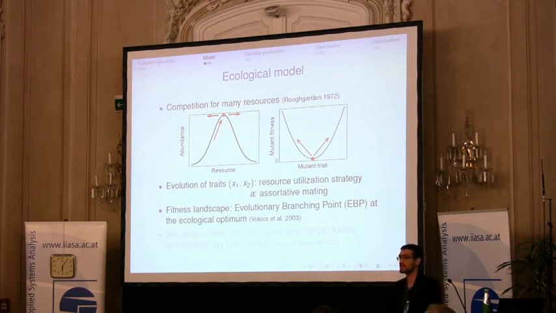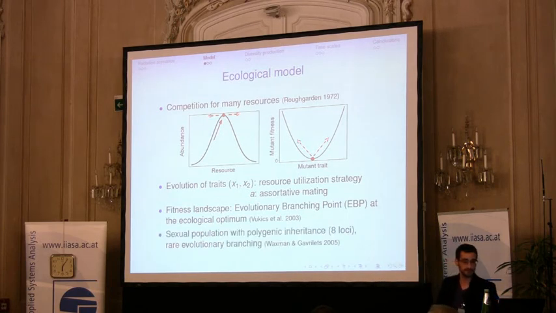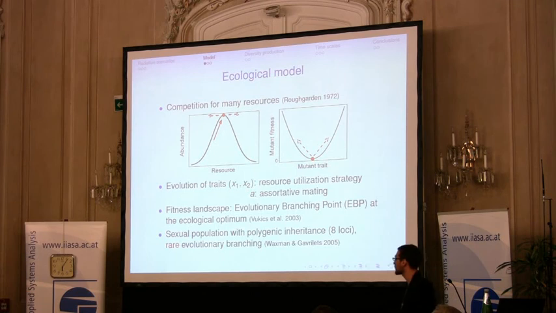So we expect that the population converges to this strategy, and then selection is disruptive, and the population can split into branches of differentiated individuals. However, we assume that this is a sexual population with polygenic inheritance. We assume 8 loci for each phenotypic trait, and because of this genetic constraint, evolutionary branching is rare with this model.